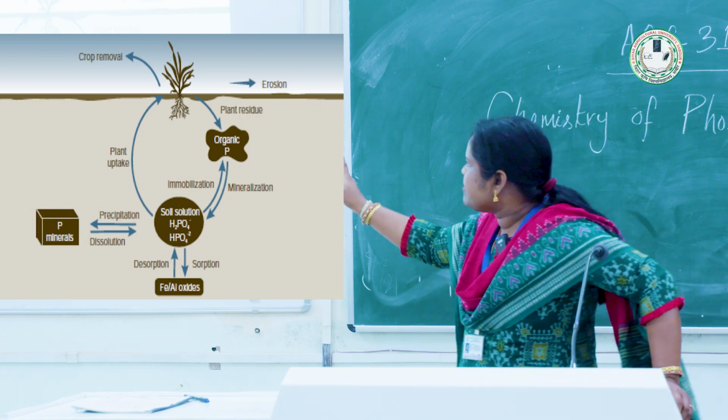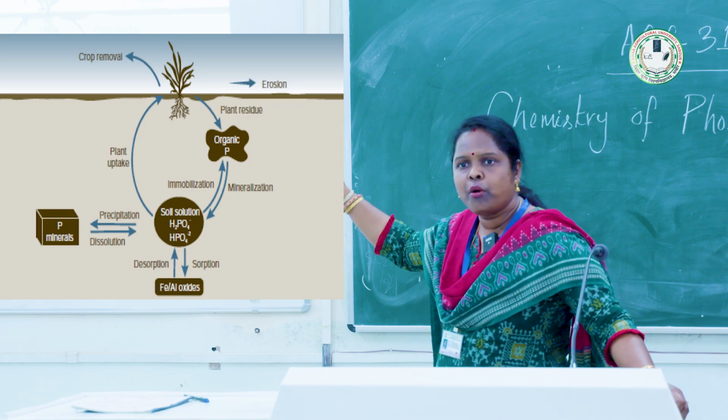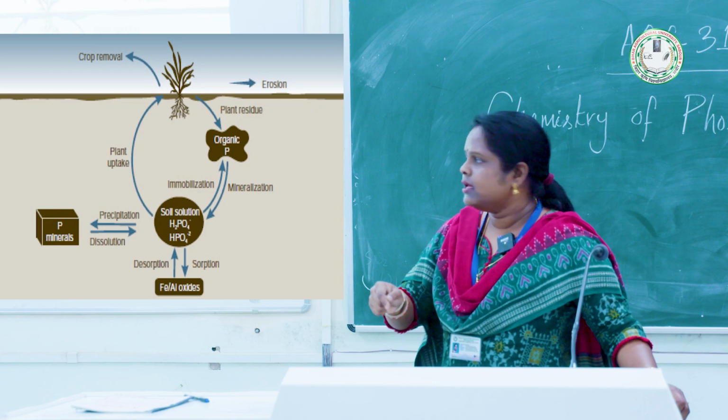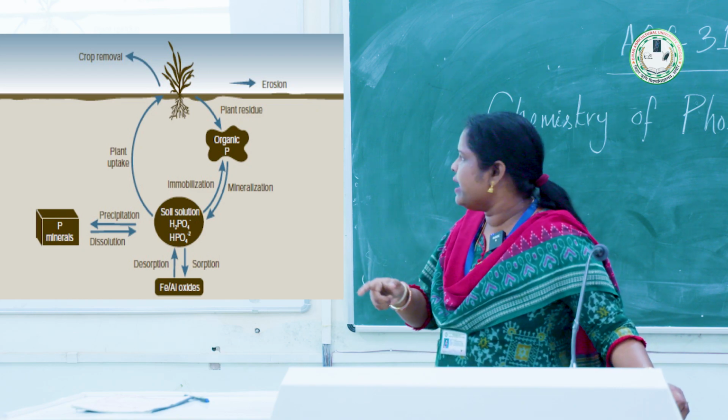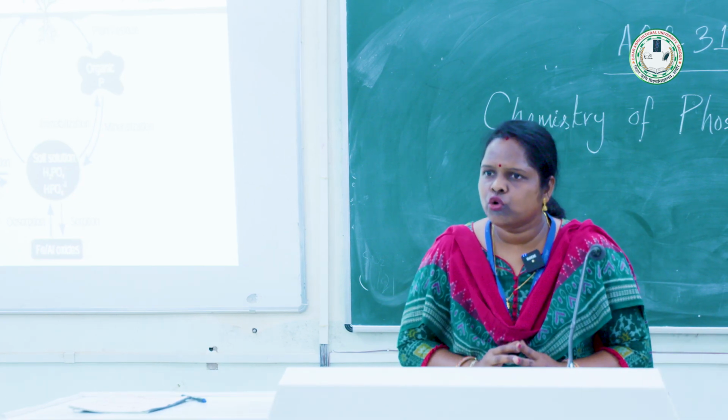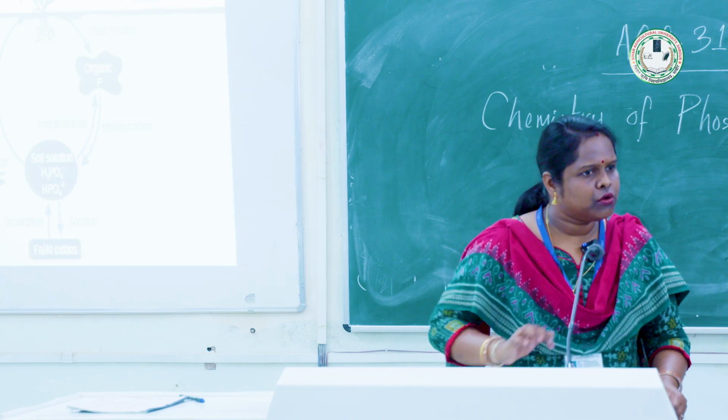So these are the processes which are dominantly related to soil phosphorus inside the soil system. When solution phosphorus is taken up by the plant parts, growth and metabolism of the plant happen. After maturity, after harvest, what happens? We, humans and other animals, consume the economic part of the plants, like in the wheat crop, we consume the wheat.